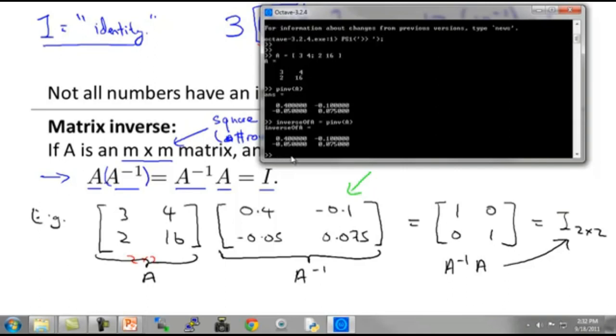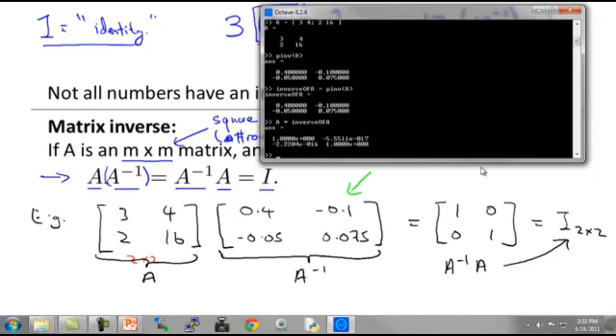I can now just verify that A times A inverse is the identity. I type A times inverse of A, and the result of that is this matrix. This has 1, 1 on the diagonal, and essentially 10 to the minus 17, 10 to the minus 16 off the diagonal. So up to numerical precision, up to a little bit of round-off error that my computer had in multiplying these two matrices, these numbers off the diagonal are essentially 0.